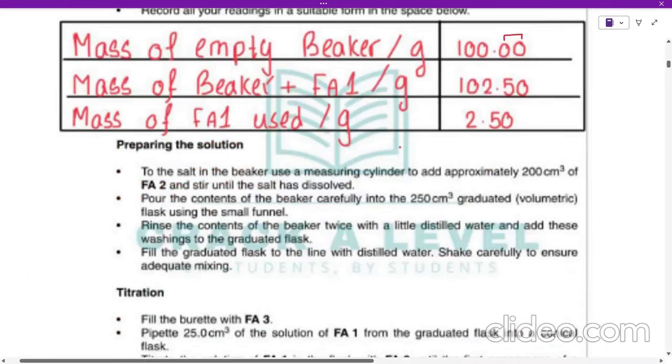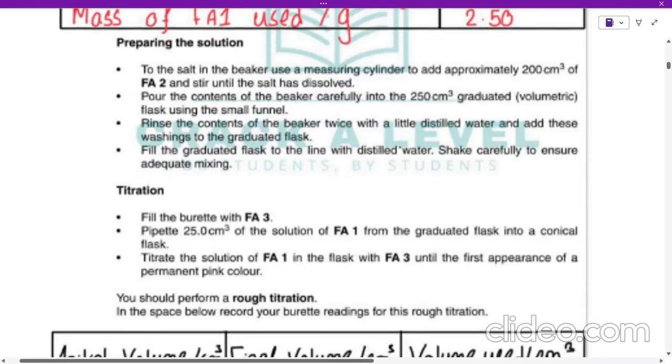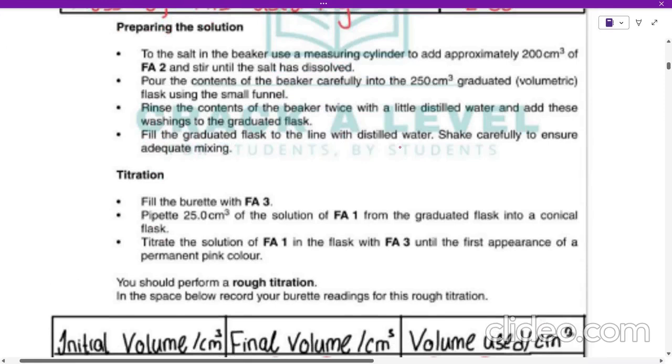Fa2 was sulfuric acid. Pour the contents of the beaker carefully into a 250 cm³ graduated volumetric flask using the small funnel. Rinse the contents of the beaker twice with a little distilled water and add these washings to the graduated flask. Fill the graduated flask to the line with distilled water and shake carefully to ensure adequate mixing.